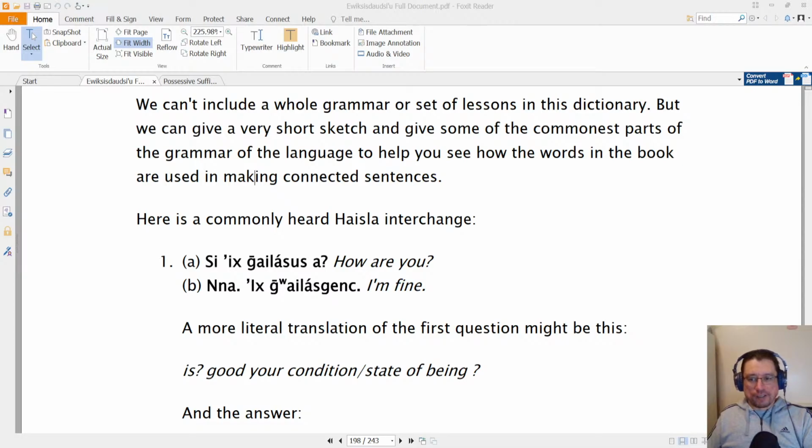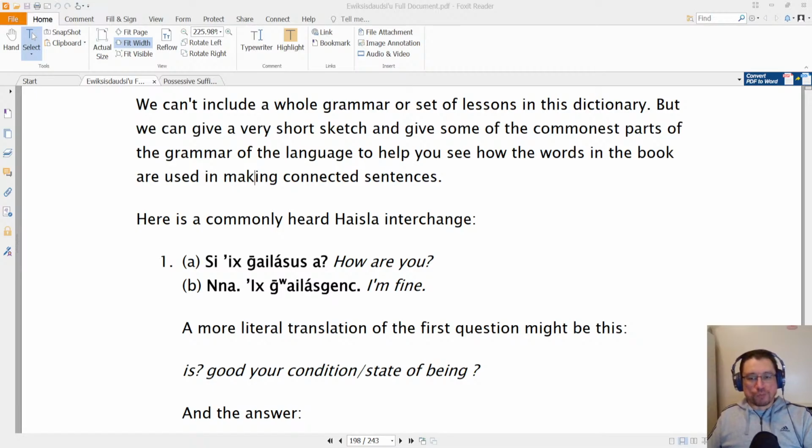So one thing that I can explain to you right off the bat here is that Haisla words are not really complete words when you get right down to it. Basically, a Haisla word that you'll find in a dictionary is what I call a base word. And in order to use that word in different contexts, you'll have to change it in some way. And that's something you don't really learn from dictionaries.